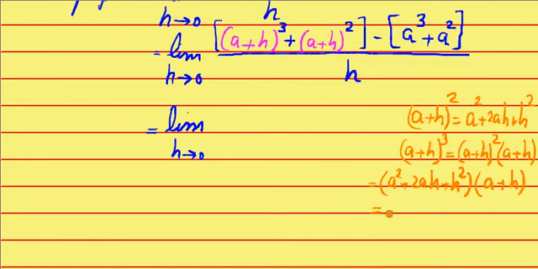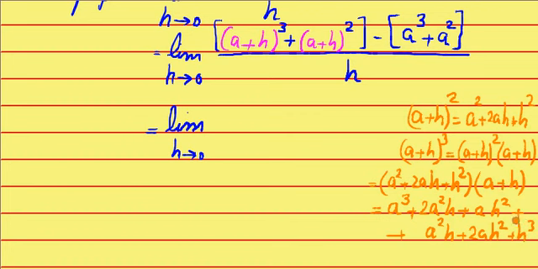A squared times a is a cubed, 2ah times a is 2a squared h, h squared times a is ah squared, plus h times a squared, 2ah times h, and h squared times h.